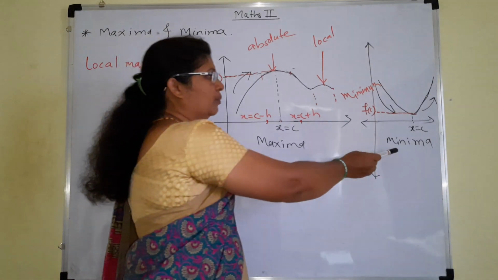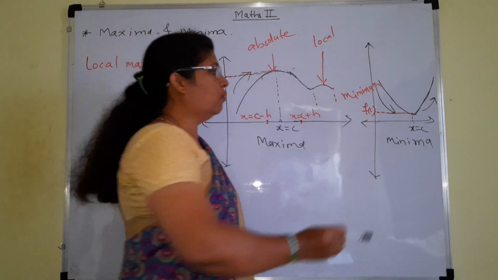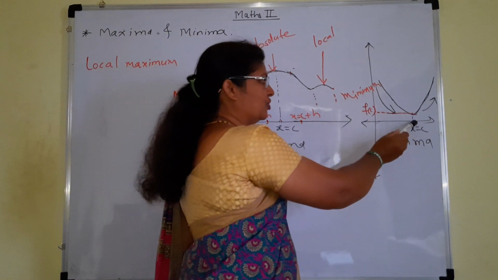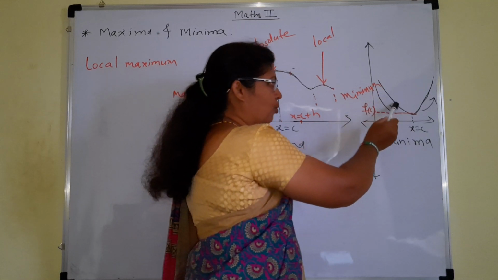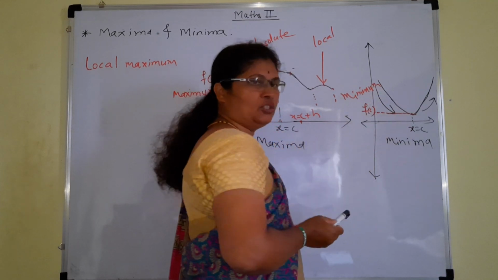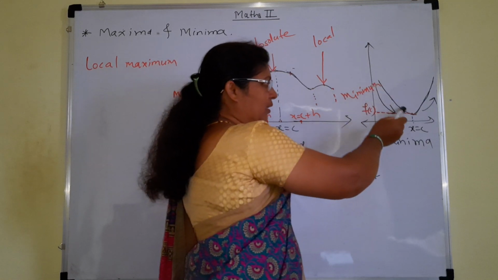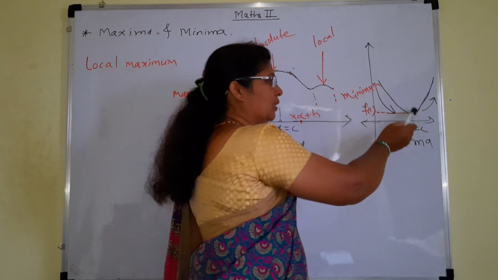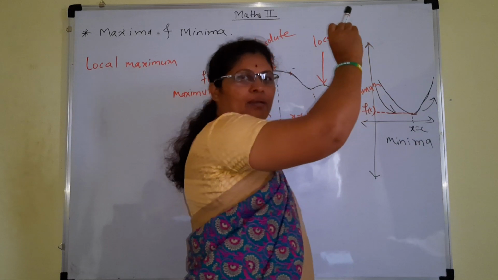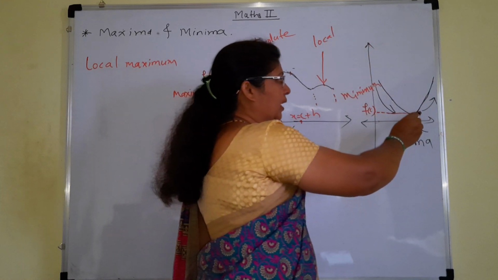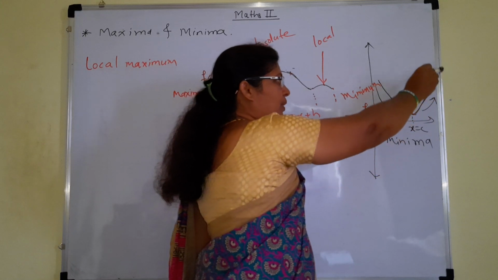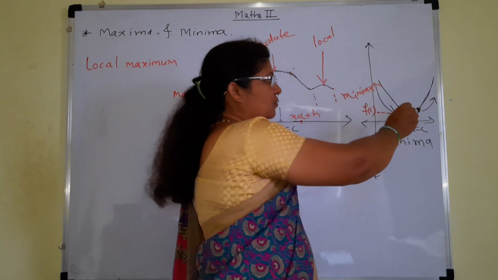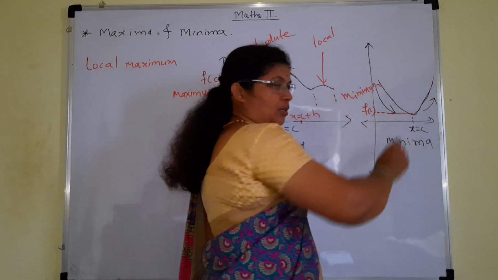The same will happen for this one. If for x equal to c, I check to the left hand side, f dash of x will have negative values, less than 0, means the function is decreasing, and if I go to the right hand side, the values of the derivative of f at these points will be greater than 0, means this part is increasing.